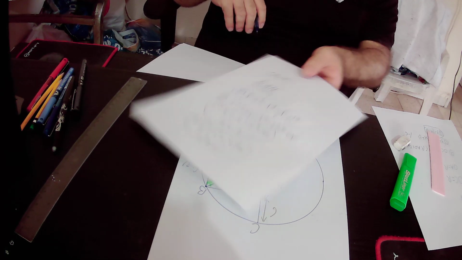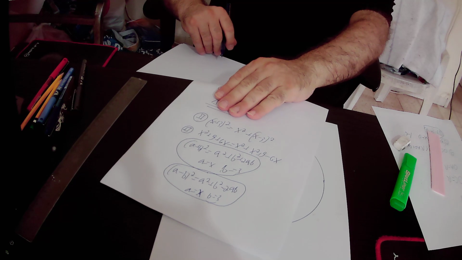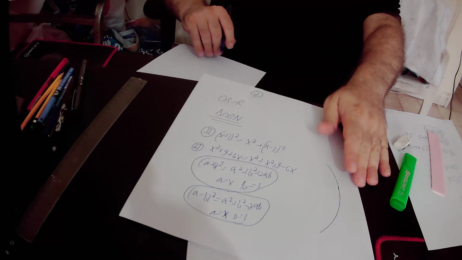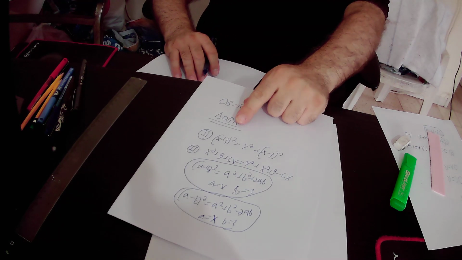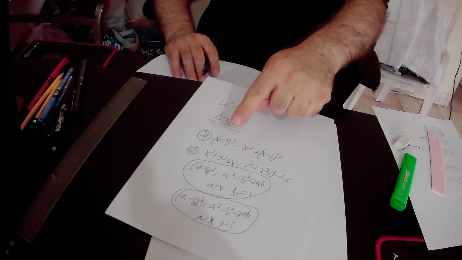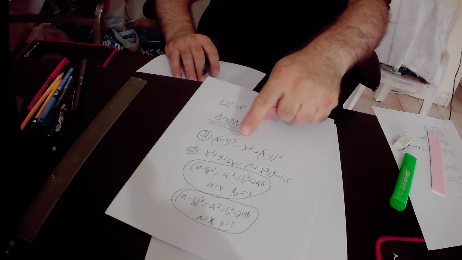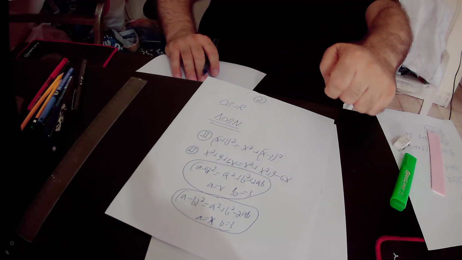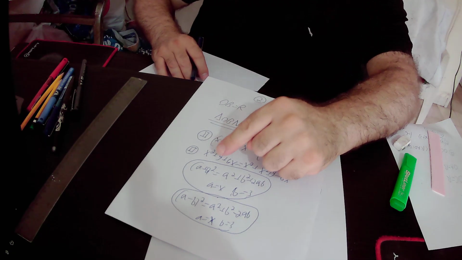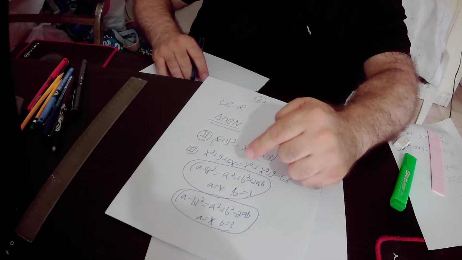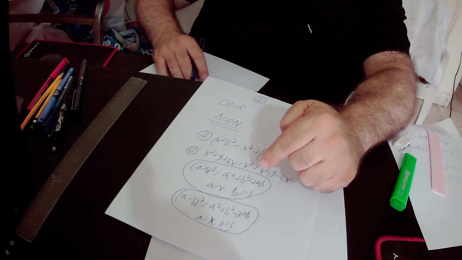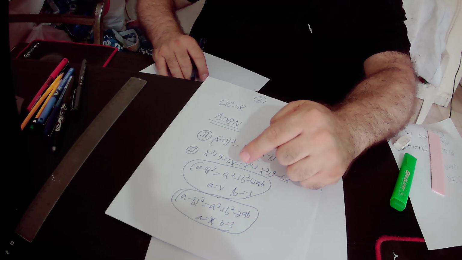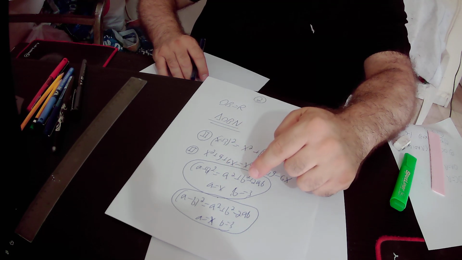So we actually open the brackets in this second equation. X plus 3 squared equals x squared plus 9 plus 6x, according to the formula that a plus b squared equals a squared plus b squared plus 2ab, when a equals x and b equals 3.